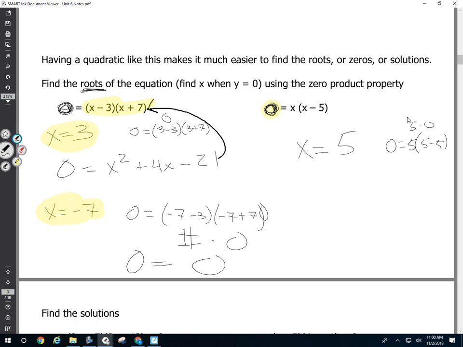Is it not one of those one solution ones? Zardana, you say 0. Let's look. If I plugged in 0, if I have 0 times 0 minus 5, do I not get 0 times something? So this is not one of those one solution ones. There's actually 2 here.